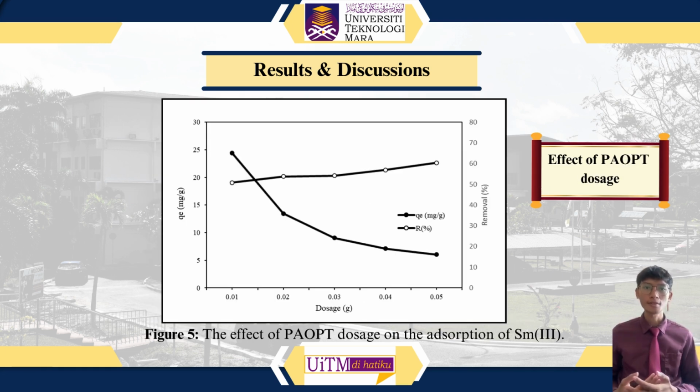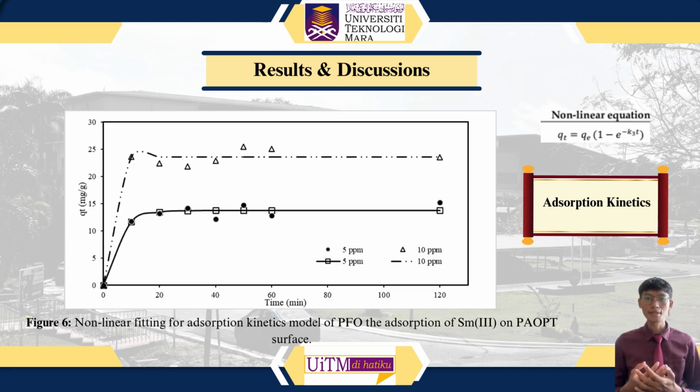The increase in the percentage removal is due to the increased availability of surface area, which increased the number of active sites available for metal ion binding as the dosage is increasing, and is associated with a larger availability of unsaturated sites for the samarium adsorption, which results in a decrease in the adsorption capacity.